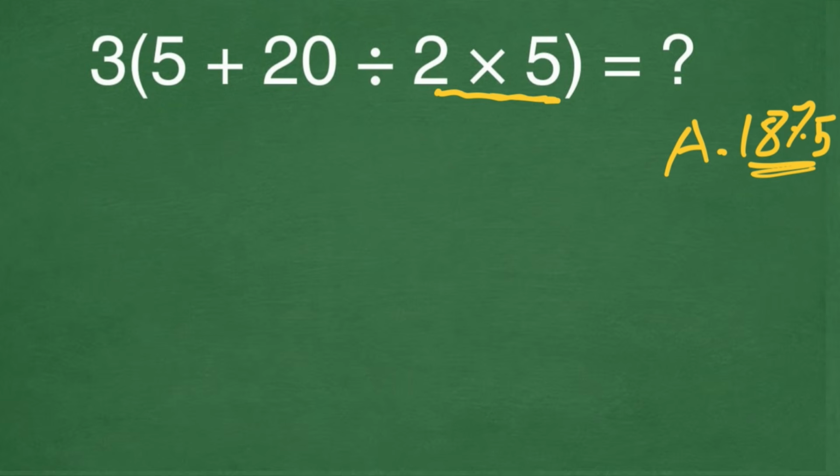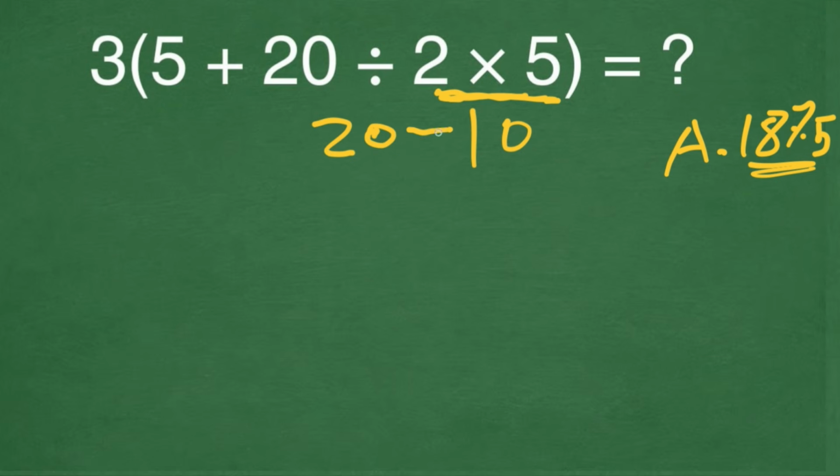And other people know something about the order of operations, or the rules of mathematics in general, and they start by multiplying 2 by 5. These people have some understanding of math, but we are going to see what happens at the end. So they go inside the parentheses, and they prioritize multiplication before division. So they multiply 2 by 5, which gives them 10. And they do the division after solving the multiplication.